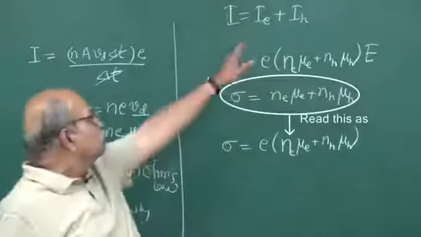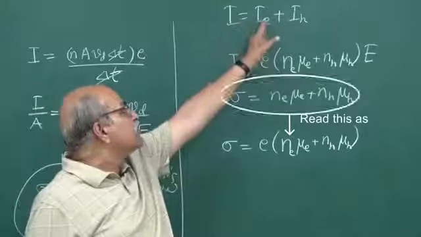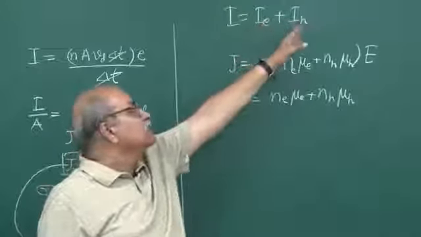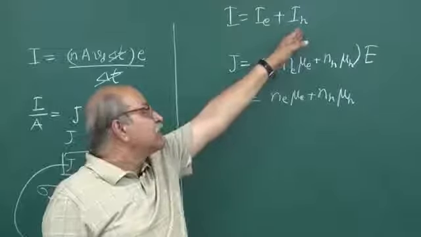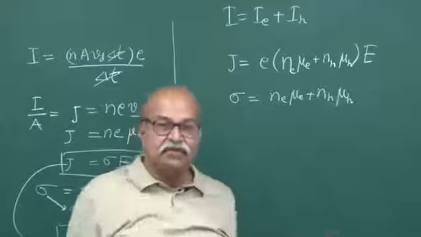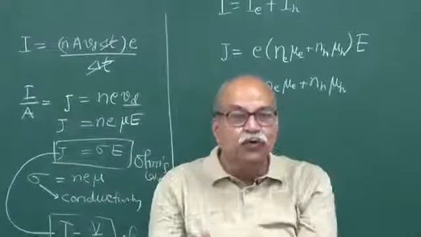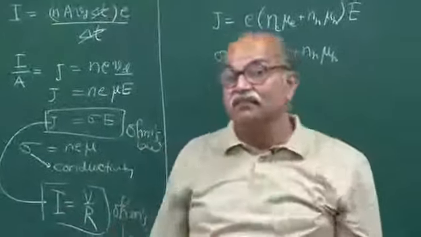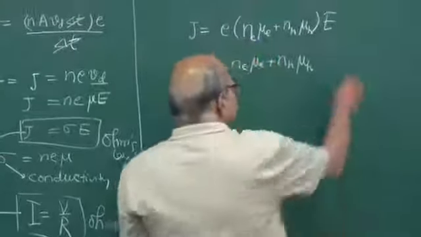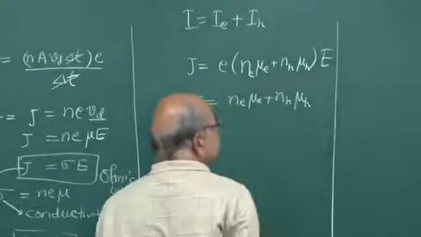So although the current is because of electrons, those conduction electrons and the holes in the valence band, but in any doped semiconductor of practical importance, one of the two will be very large as compared to the other. We had done this numerical exercise in the previous lecture.